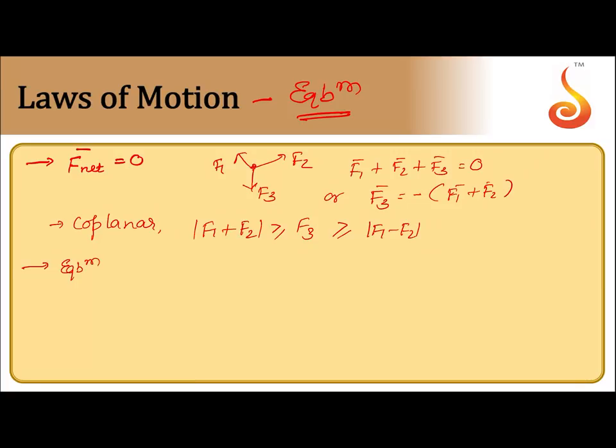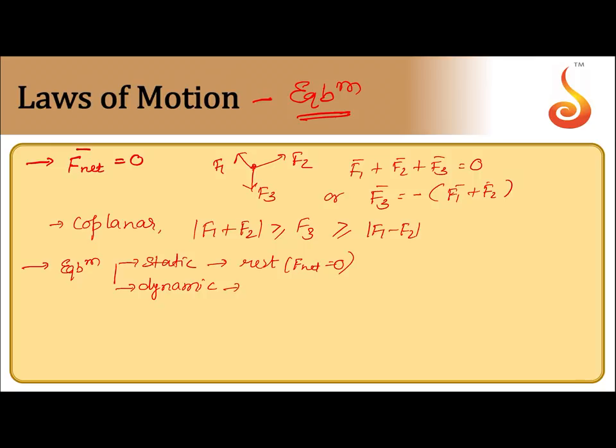Now, when we say equilibrium, remember it generally refers to two cases. One is static equilibrium and the second is dynamic equilibrium. What is the meaning of static equilibrium? Static equilibrium means the object is at rest. Net force is 0, and not only net force is 0, the object is not moving.